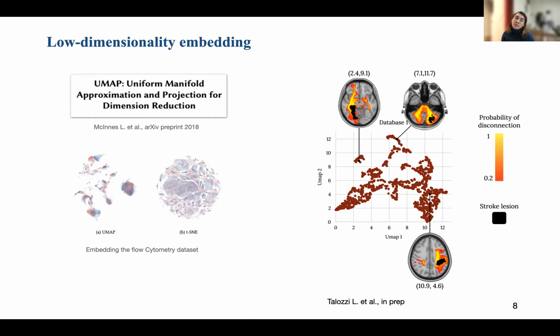You can see the patients on the vertex, about UMAP coordinate 1 equal to 7 and UMAP coordinate 2 equal to 11.7.